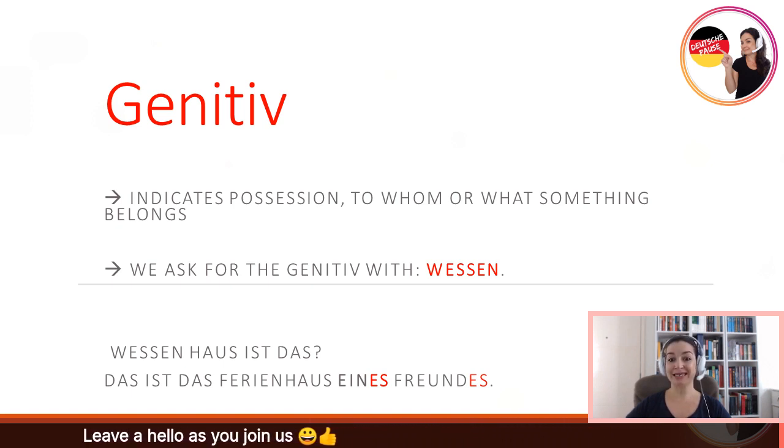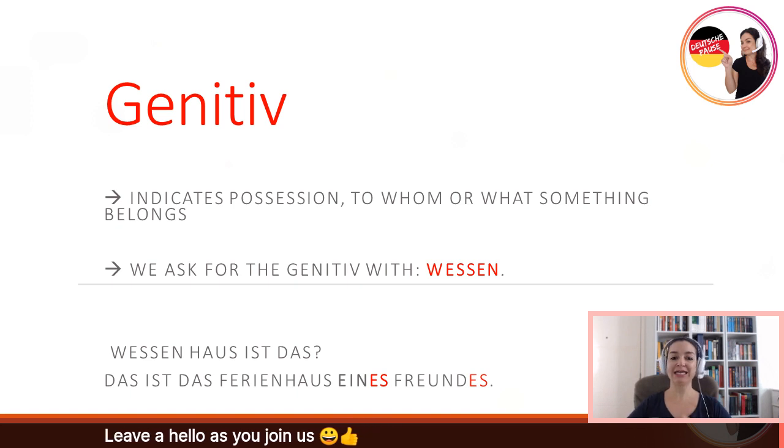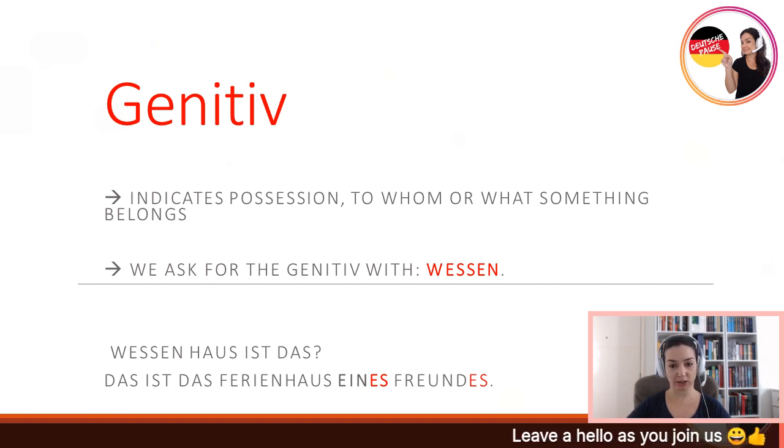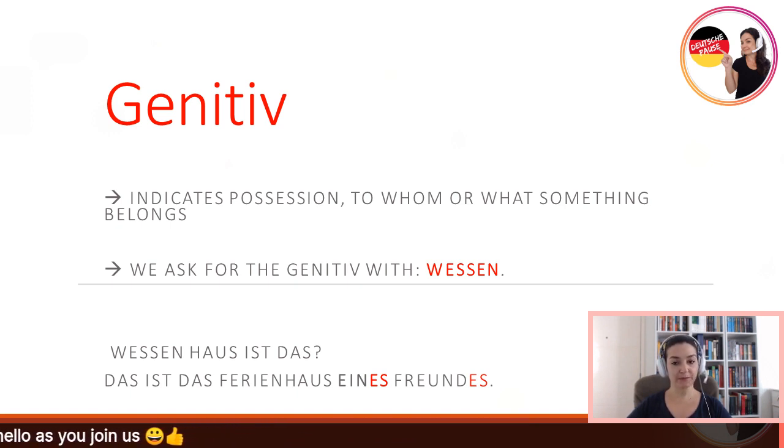So where is the genitive here? We have eines, es here, and Freundes, es again. Those two es's are indicators of genitive. Basically it says that the house belongs to a friend. But as you can see, we don't use the verb belong. The context tells us that the house is from a friend.